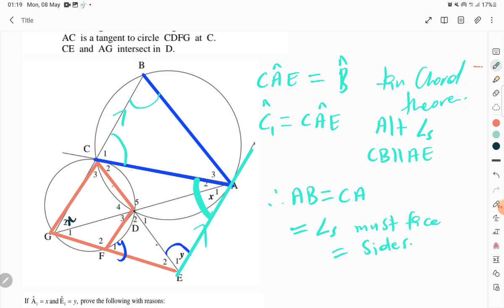So if these angles are equal to each other, they must be opposite equal sides.